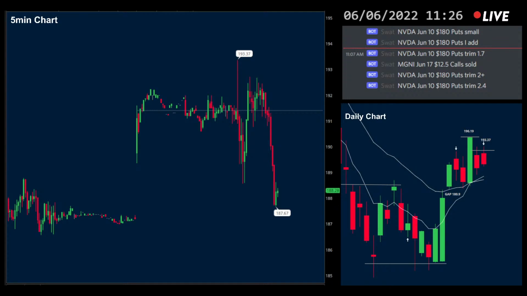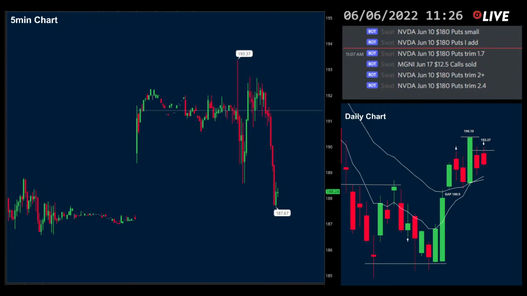Okay, I'm trying to be patient. We are short on NVDA. Making 50% gains on NVIDIA as we speak.